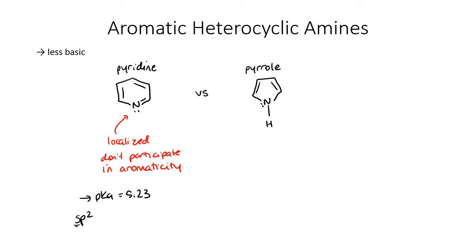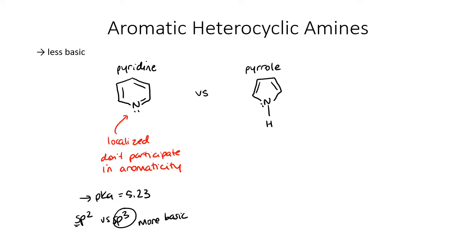So since these lone pairs are held closer to the nucleus of the nitrogen, they're less willing to go out and be donated to other atoms. So anytime we're comparing something where the lone pairs are in an sp2 versus an sp3 hybridized orbital, the sp3 is typically going to be more basic because the lone pairs are held further from the nucleus of the atom.